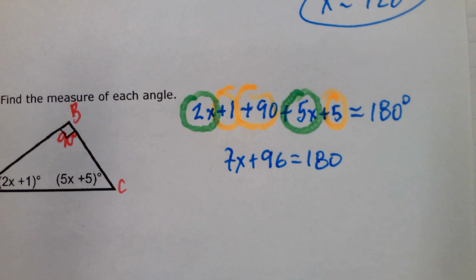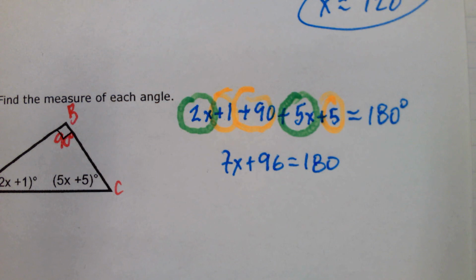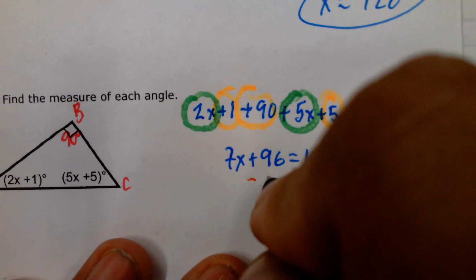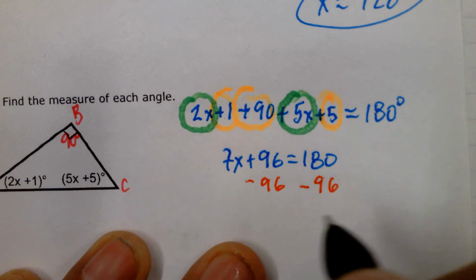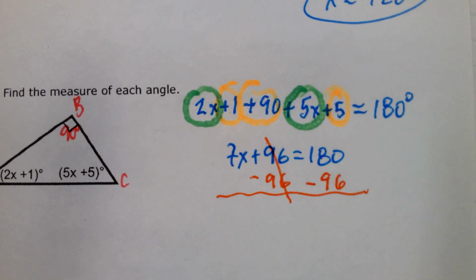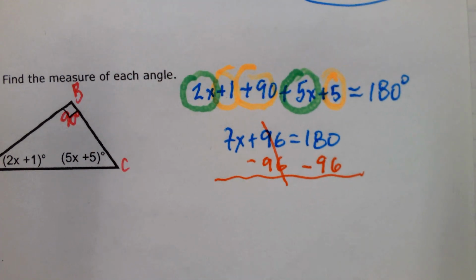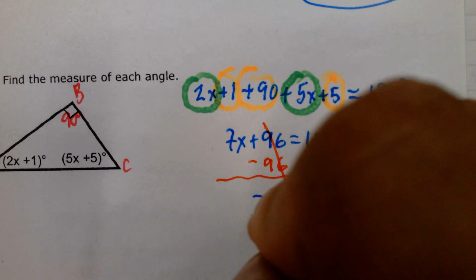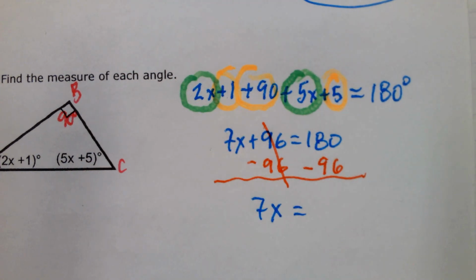Okay? So let's take away. Excuse me. Subtract 96, please. And what's that going to give me? What do I have on the left side? 7x equals, what do I have on the other side? 84.